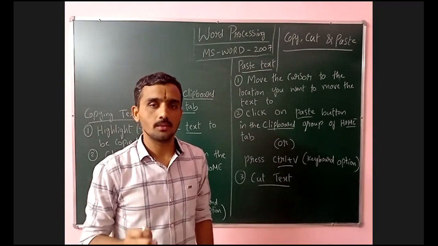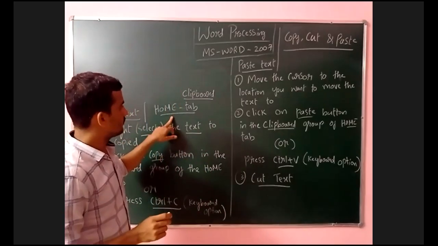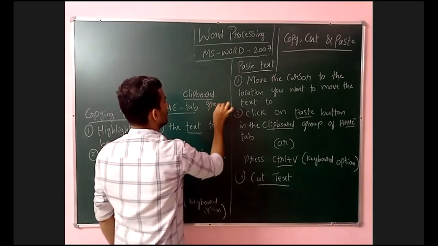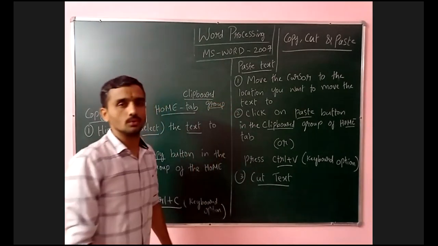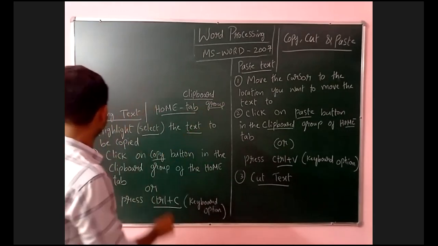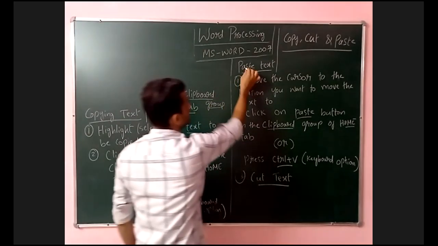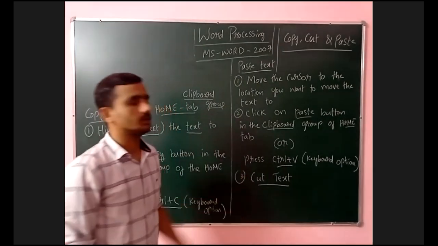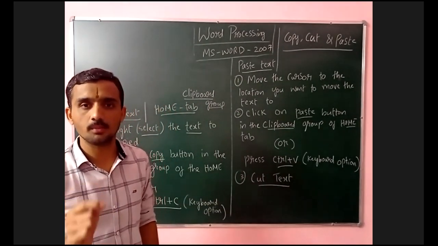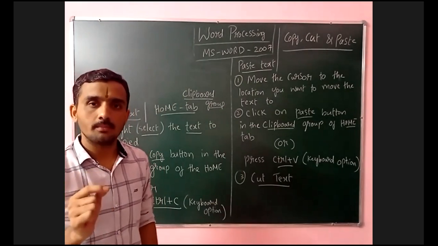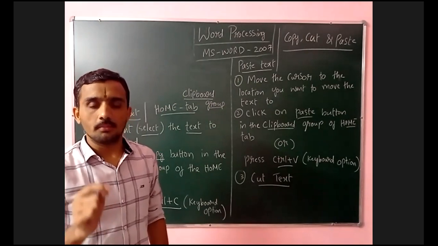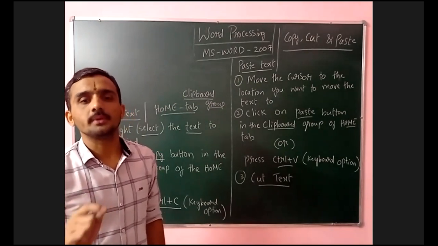In the clipboard group we have the options copy, cut, and paste. Three options we have, and those three are called buttons in the clipboard group. So remember, tab name is home, group name is clipboard, button names are copy, cut, and paste.